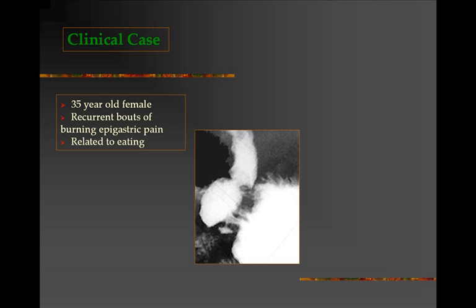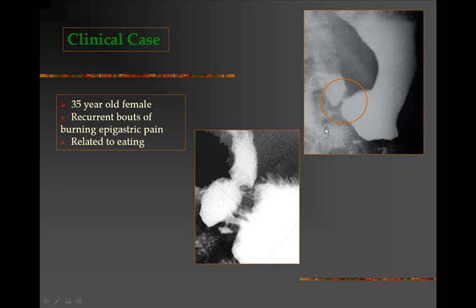Here we have our first clinical case, a 35-year-old female patient who had recurrent bouts of burning epigastric pain which was related to eating. A barium meal was done, which is depicted here, and this corresponds to a close-up view of the pyloric part of the stomach, which is shown here, extending into the first part of the duodenum.